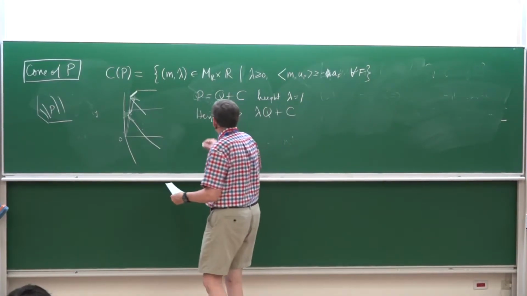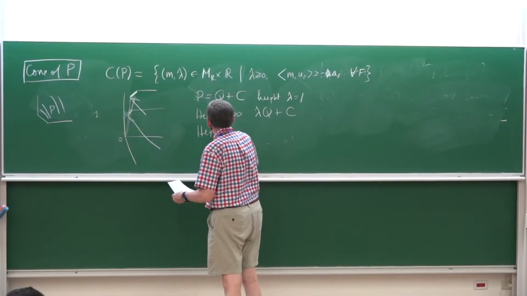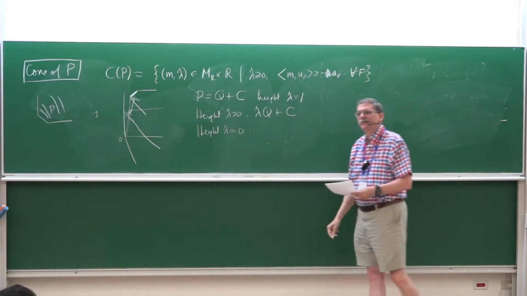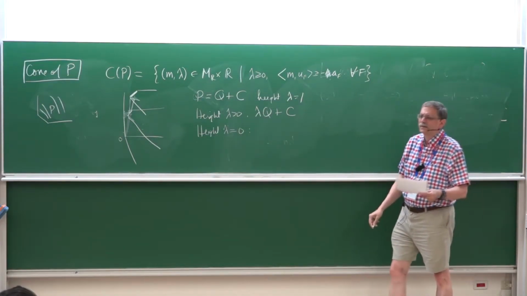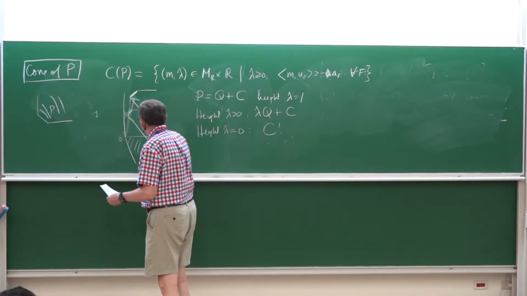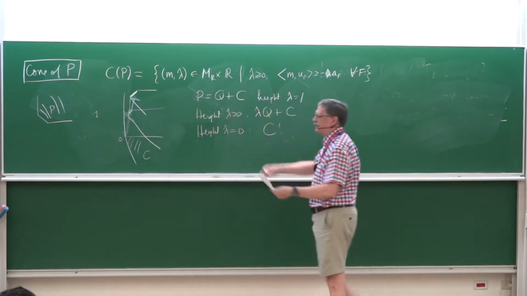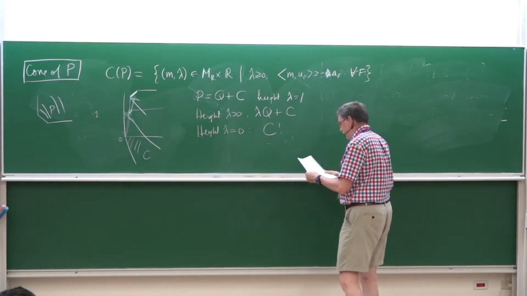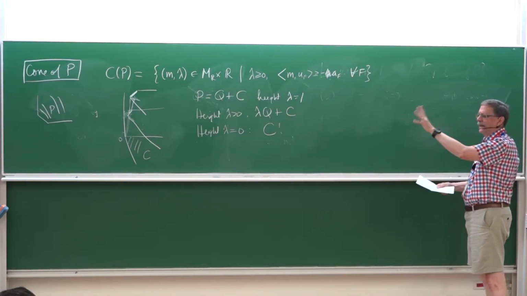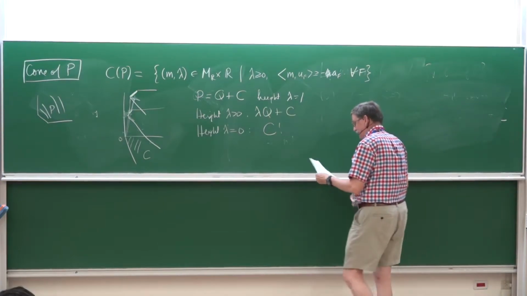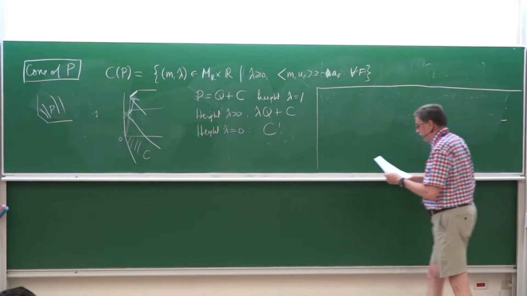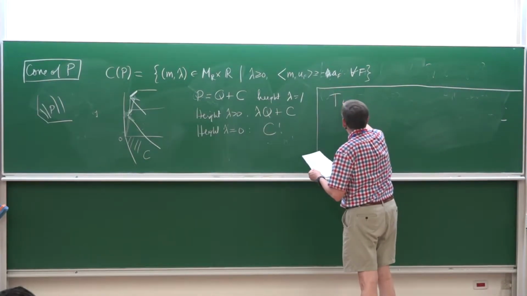And then of course at height lambda equals 0, what survives? Just the recession cone. So what I get down here is just C. So it's a very pretty picture. And like I say, that's going to come in when I take lattice points of this, then I'm going to get some interesting stuff. And then I'm going to talk about the toric variety.